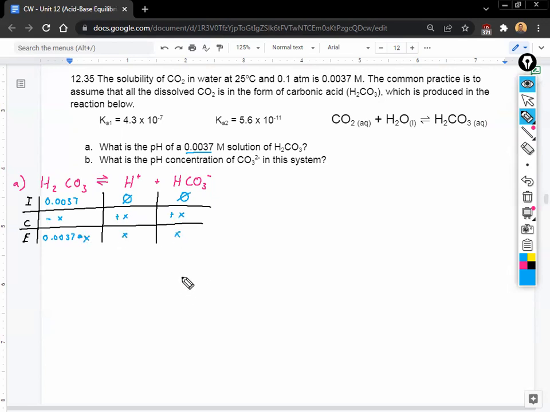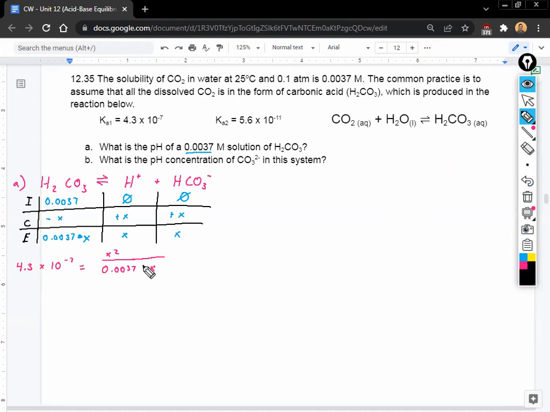All right, so from here, we can just plug it into the Ka expression. So Ka1, this is the first proton it gives up. So Ka1 is 4.3 times 10 to the negative 7, equal to X squared on the top divided by 0.0037 minus X. Now, if you notice, the exponent is less than negative 4.